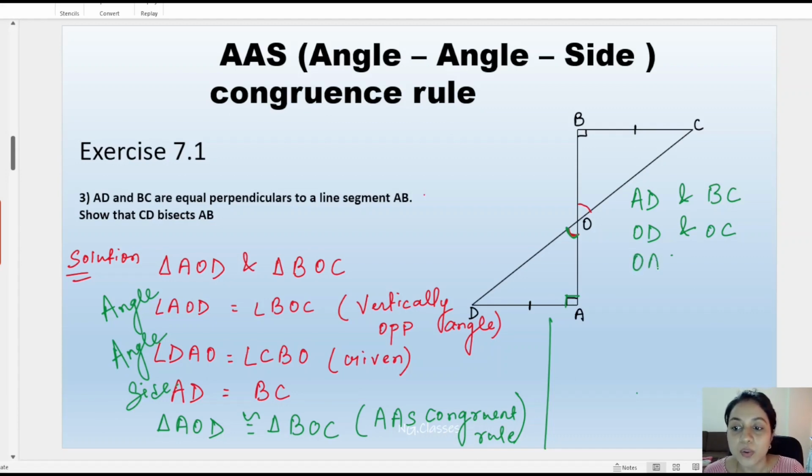Similarly, sides OA and OB are corresponding sides and both will be equal to each other. So we can write OA will be equal to OB. Why? Because it's corresponding parts of congruent triangles.